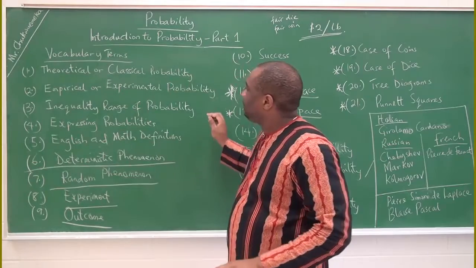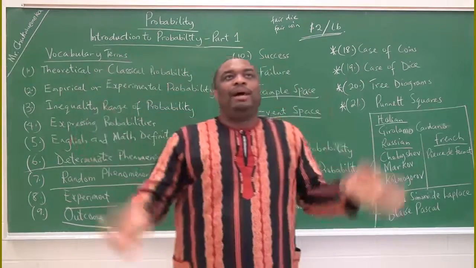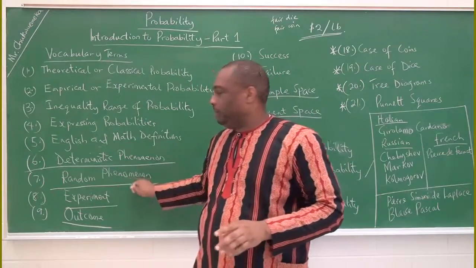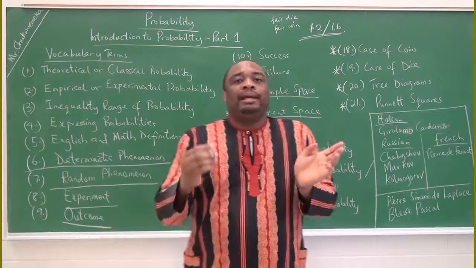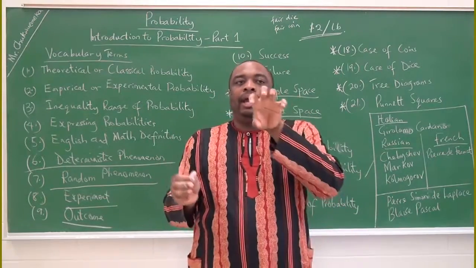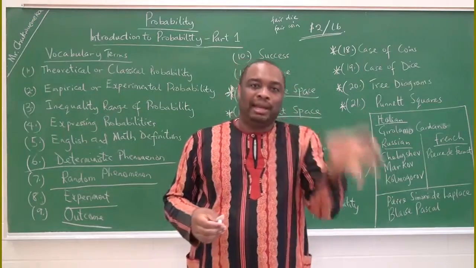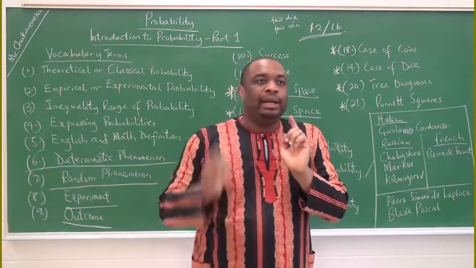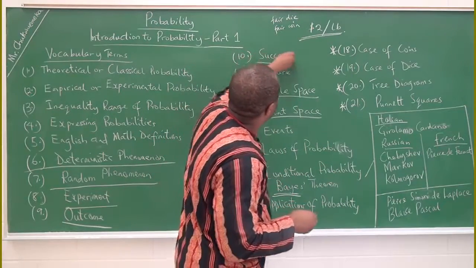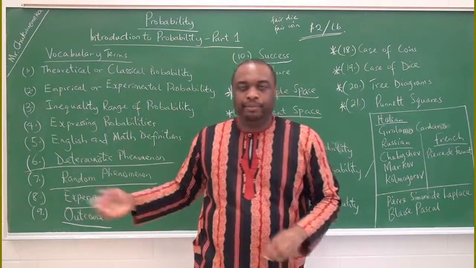Let me explain this. Under random phenomena, there are some cases whereby every outcome has an equal likelihood of occurring. Let me take you back. I say that success is the favorable outcomes of an experiment.